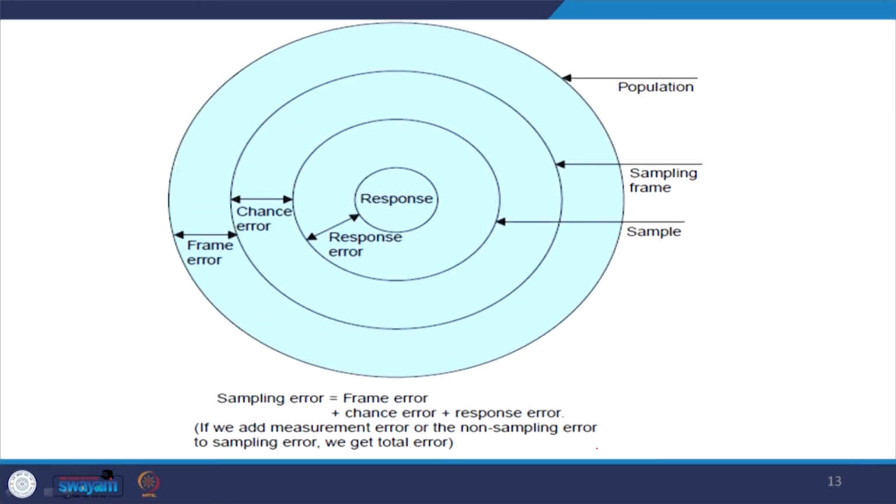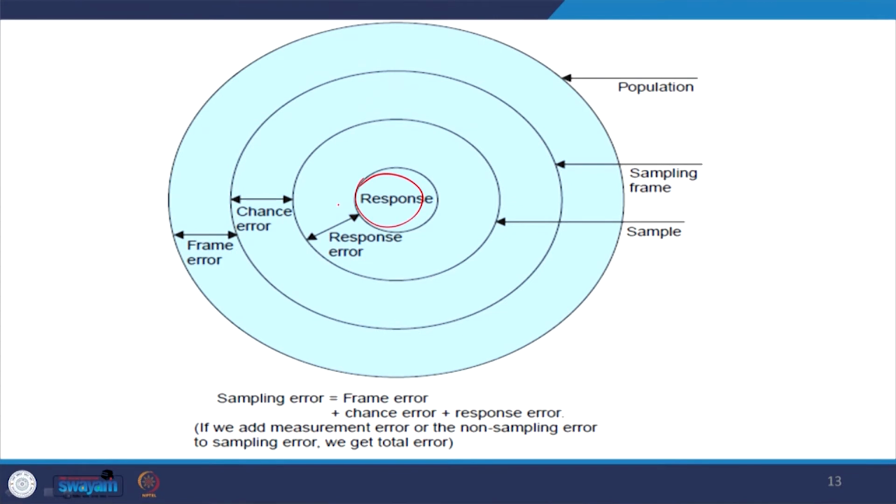In this picture, the population is in the larger circle, then the sampling frame is made, then the exact sample group is defined with a smaller sample. Once the sample is defined, the responses may not be entirely the sample units, there might be fewer responses.